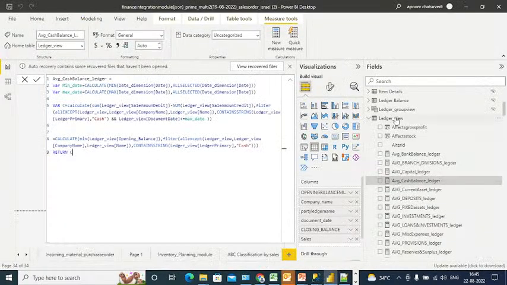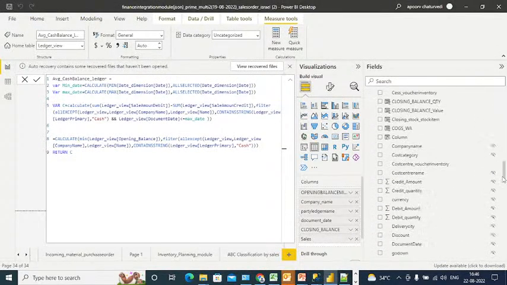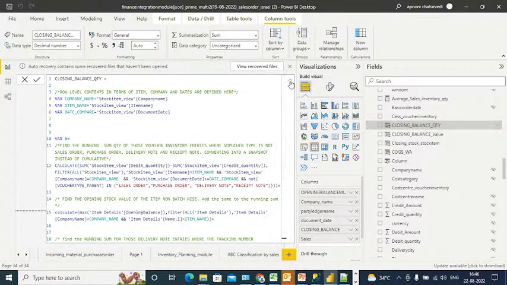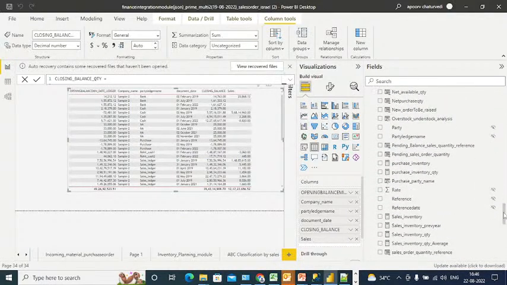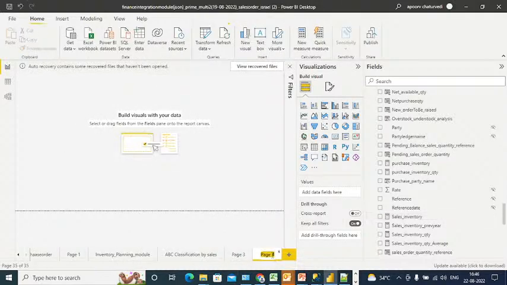So I go down to my sales, which is my stock item view, and I see this measure, which is an average of the closing balance, and this is my sales, which is going to be valid for any such time period, right? So here I will go to the right and say inventory turnover ratio analysis, inventory_turnover_ratio_analysis.